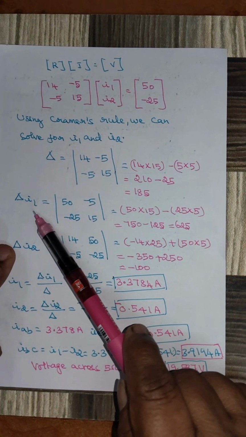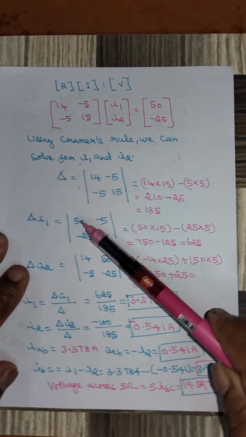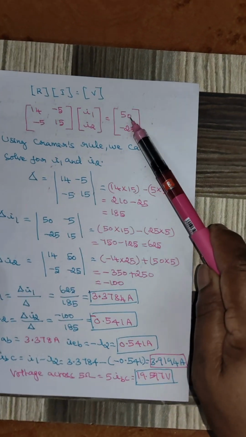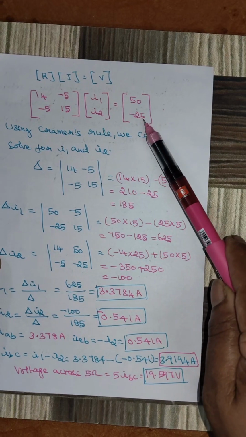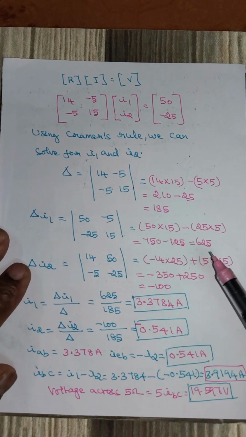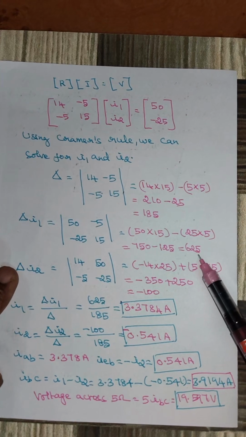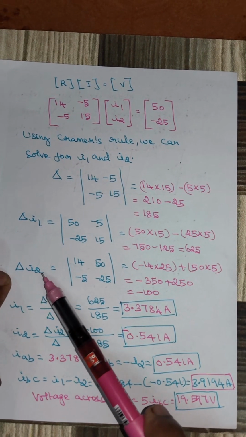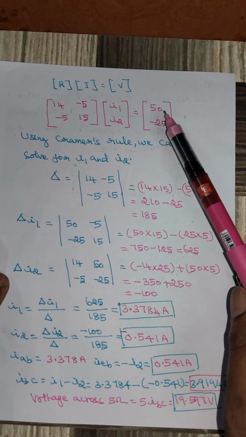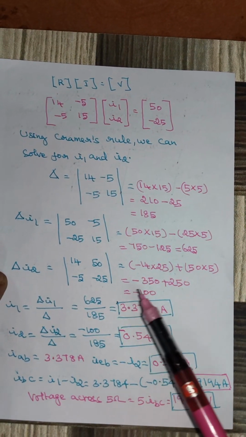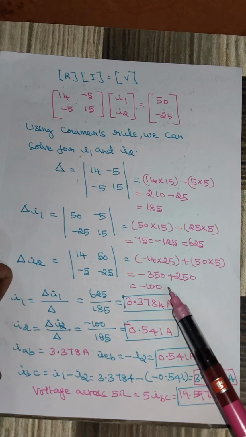To find del I1, the first column in the determinant should be replaced by the voltage vector, that is 50 and minus 25. If you calculate this value, it will be 625. Similarly, we calculate del I2 by replacing the second column with the voltage vector. So we have the value as minus 100.